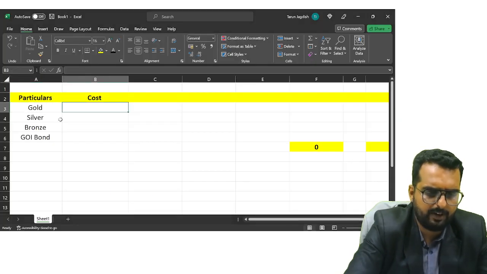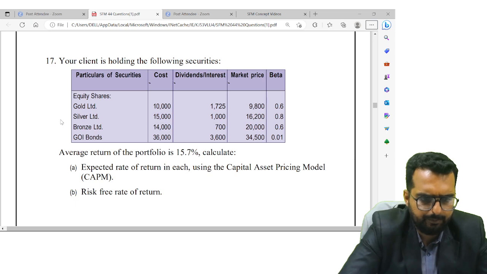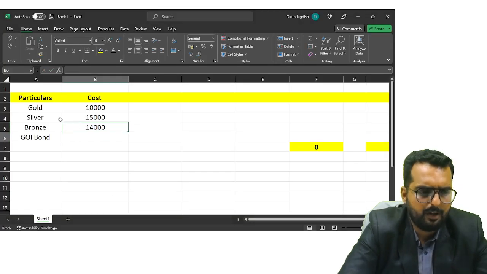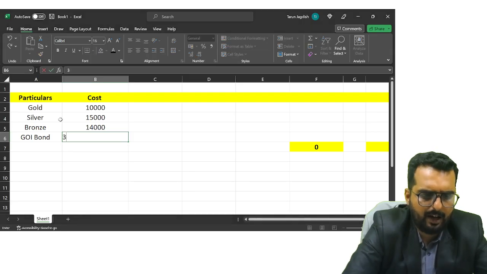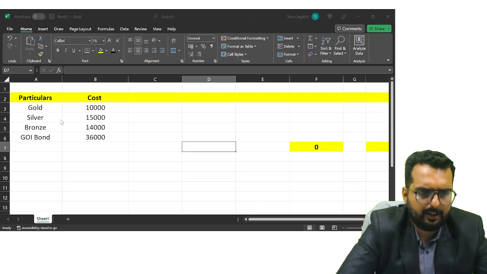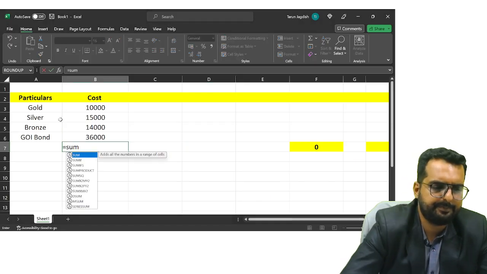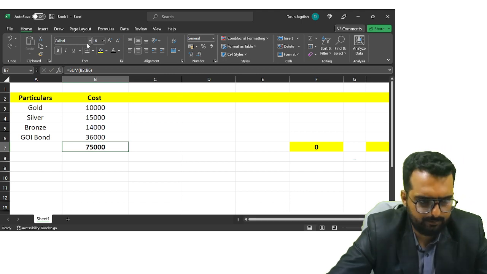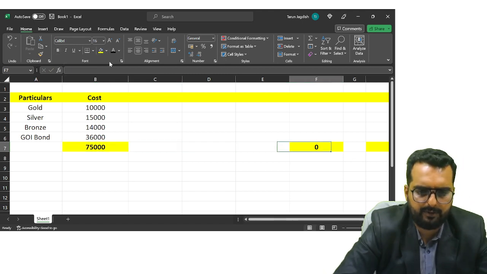Cost for the first one is how much? 10,000. Second one is how much? 15,000. Third one is 14,000 and the last one is 36,000. Correct? Now I'll take the total of this. $75,000.